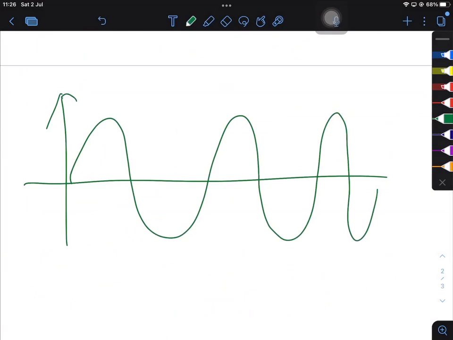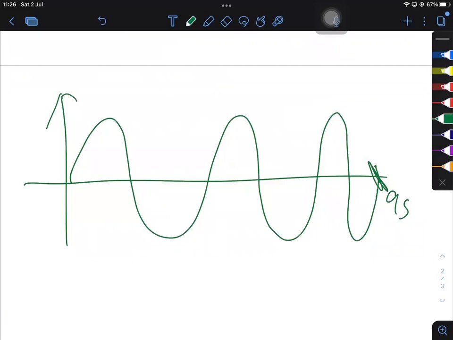Then they say that at the end here is 9 seconds. If I want to find the period of this wave, I'm basically looking for how long it takes to complete one full cycle. I repeat, a period is basically how long it takes to complete one full cycle.